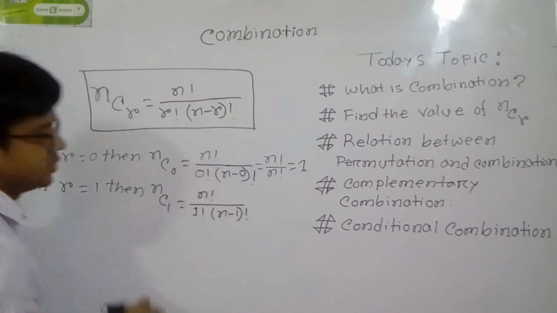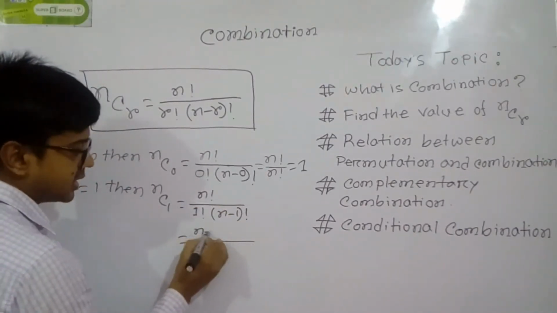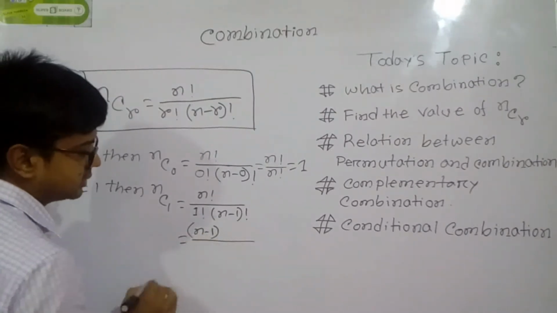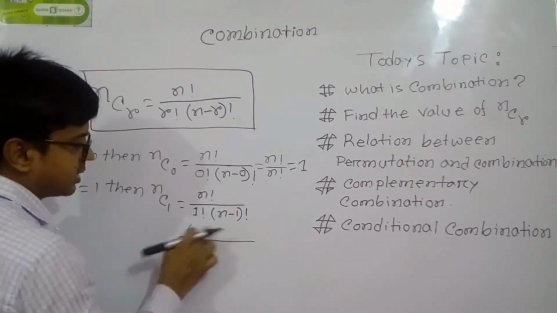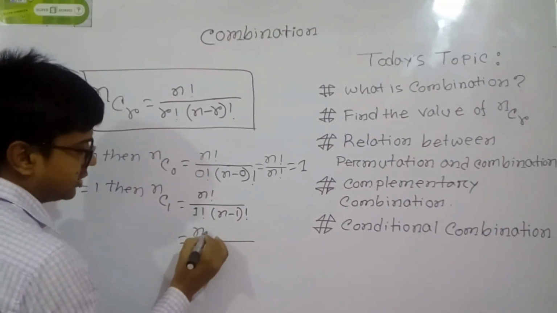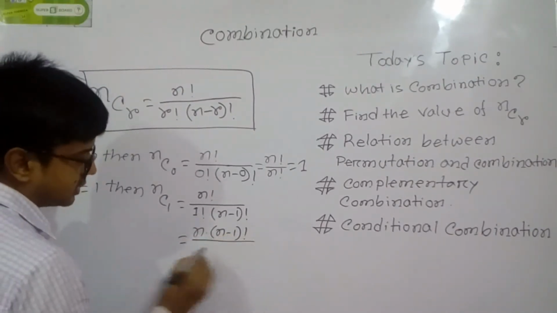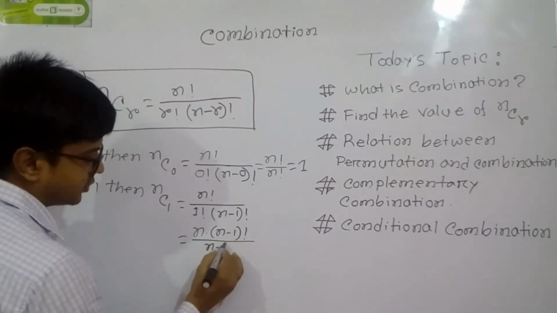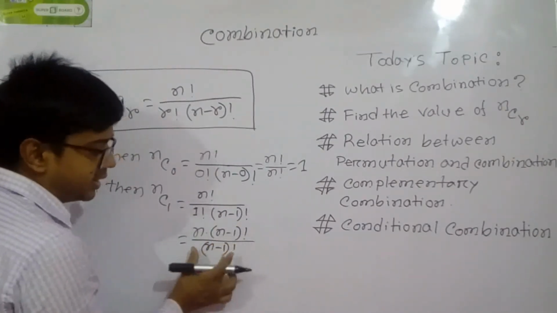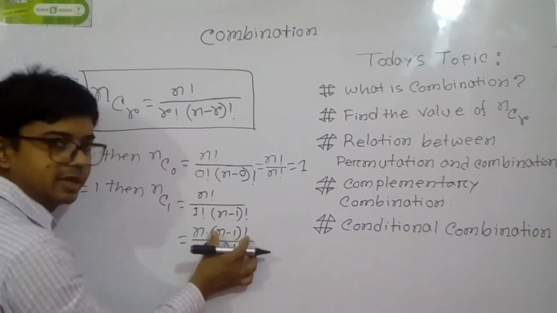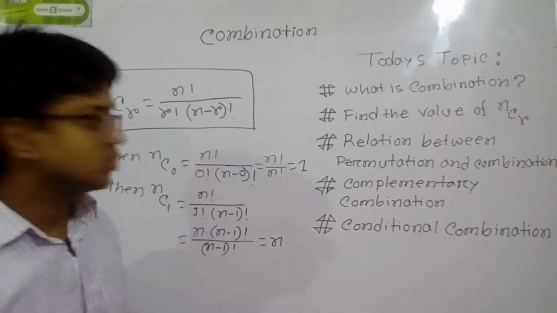After calculation, we can write n times factorial n minus 1 over factorial n minus 1. Factorial n minus 1 cancels, so our answer will be n.